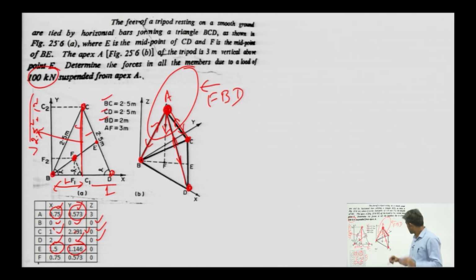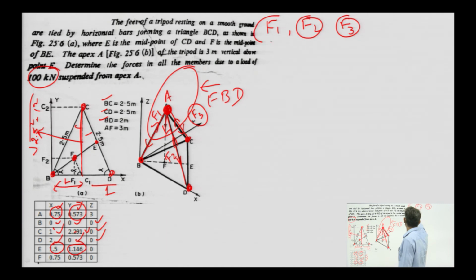So, let us consider this FBD. Say this force is F1, this force is F2, this force is F3. In this question we need to find the value of F1, F2 and F3.